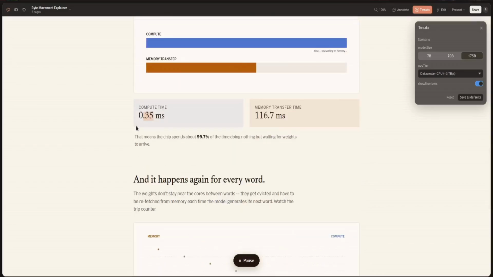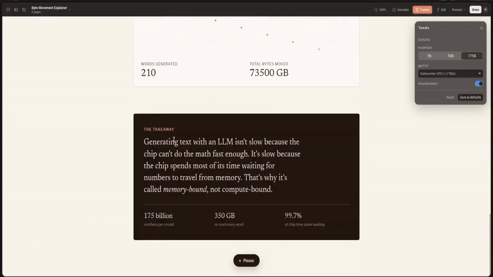It takes time because there is a lot of data to transfer. Again, I emphasize that this is for the generation phase of this process. So generating the token takes all of these things.